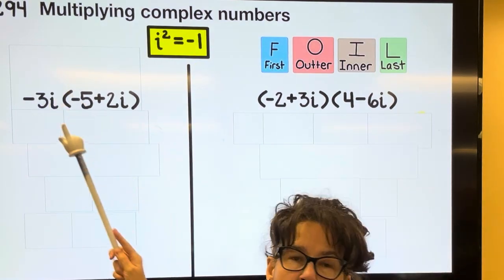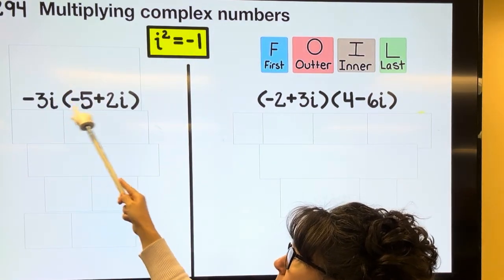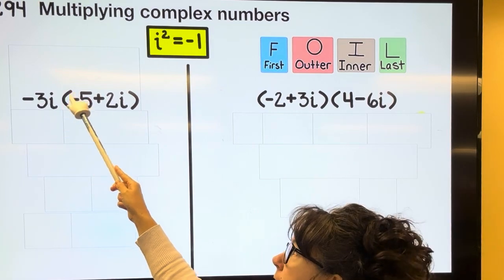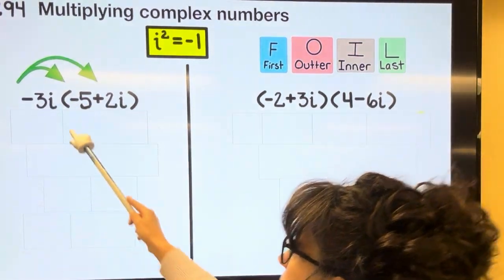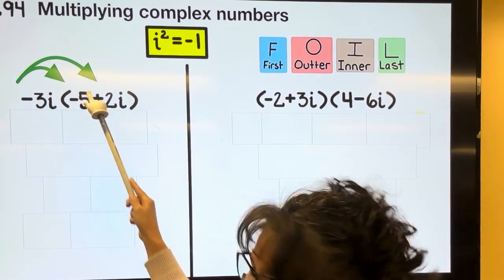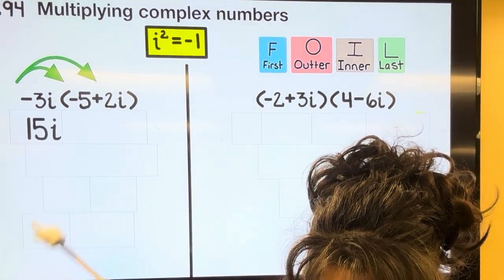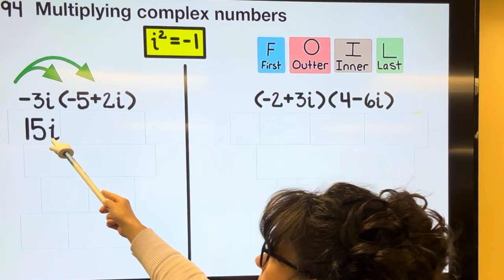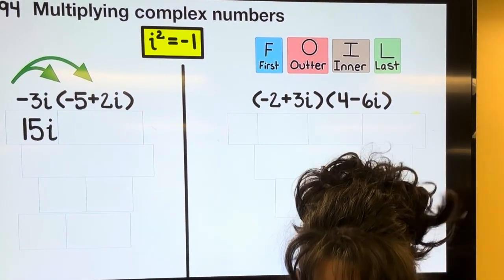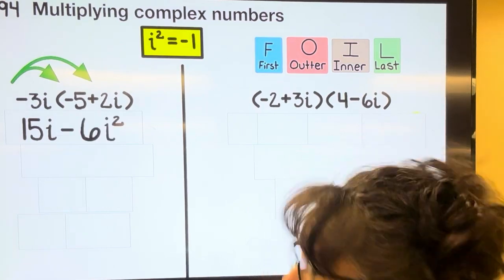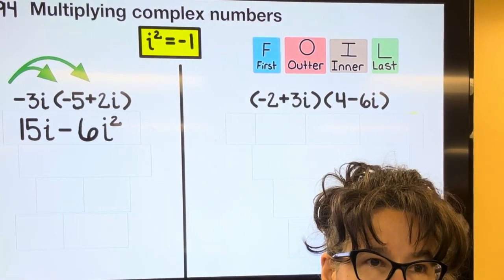In this particular problem, I need to distribute the -3i because it's out in front of parentheses. So if I distribute that through, -3i times -5 is positive 15i, then -3i multiplied by 2i is -6i squared.